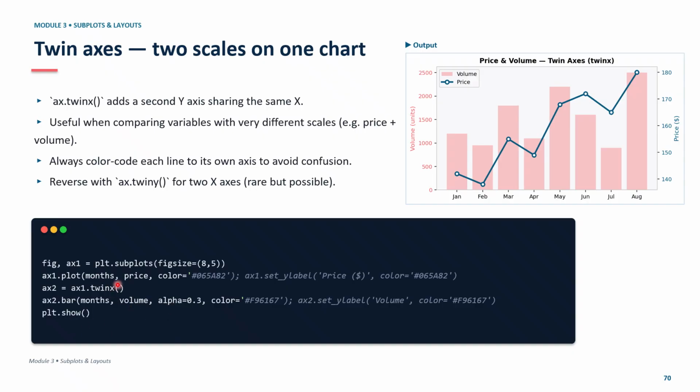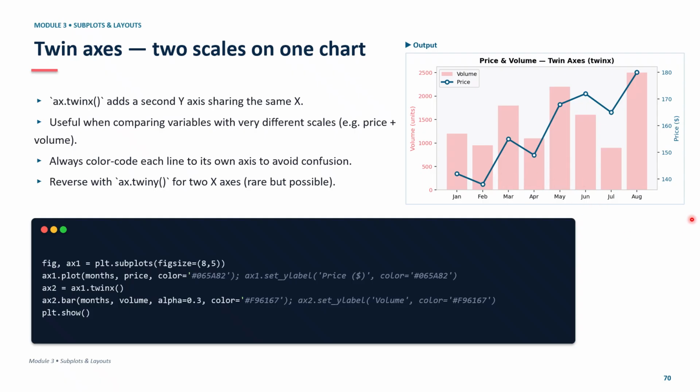The left y-axis label should be in the same color as its data series, like blue for the price. You can see here we have color coded it as blue, and the label is also blue. And the right y-axis label should be in the same color as its data series, red for volume. Without color coding, readers cannot tell which scale belongs to which series, right?